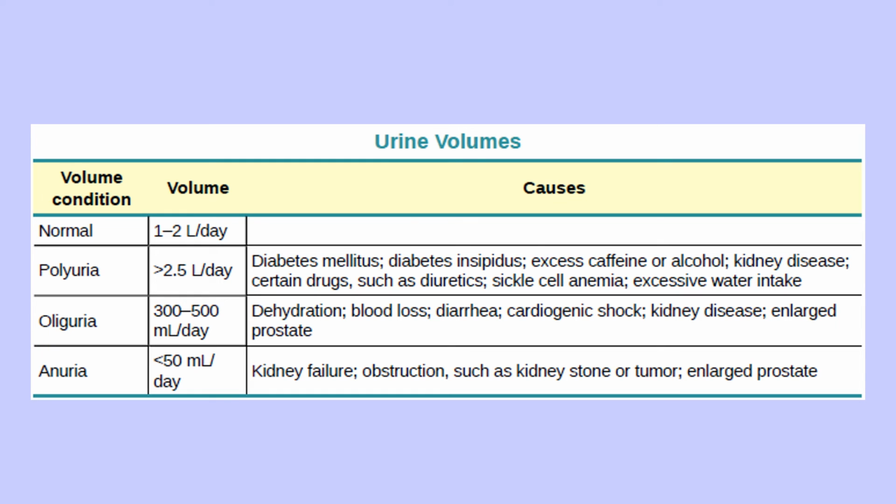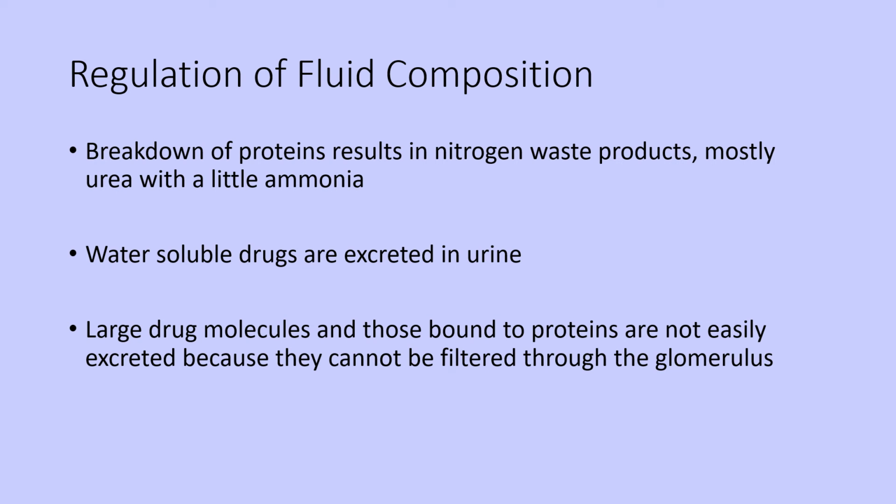For males, is there an enlarged prostate? The prostate gland surrounds the urethra as it's leaving the bladder, and so that could inhibit the release of the urine. So you're going to want to be looking at some of those different possibilities to rule out what's going on.